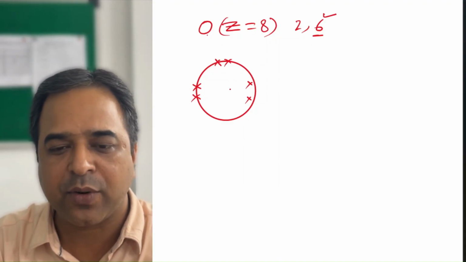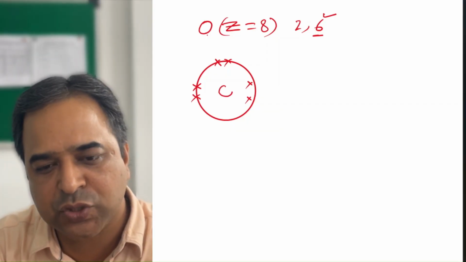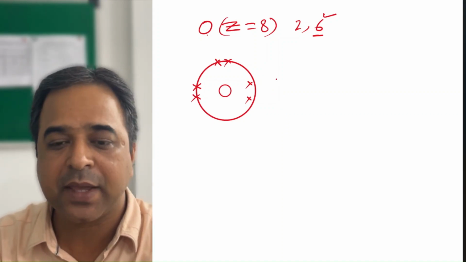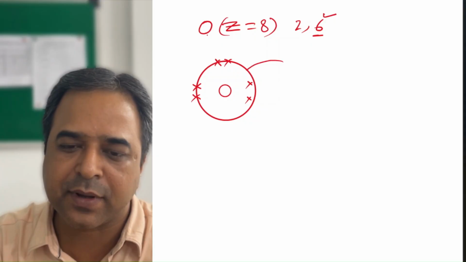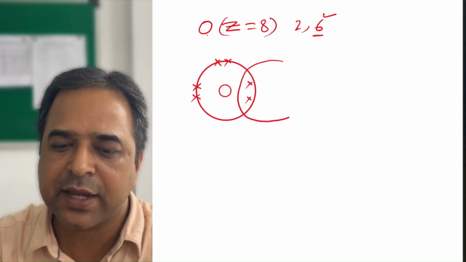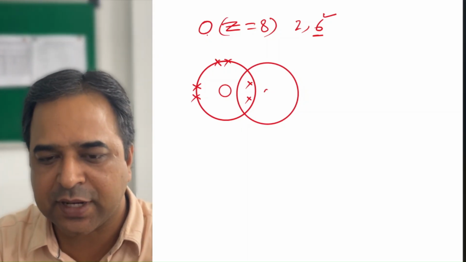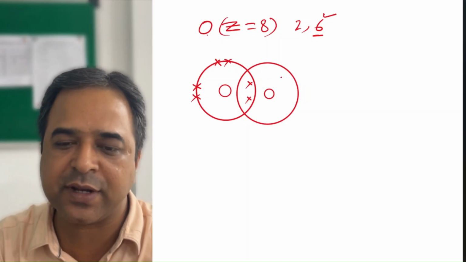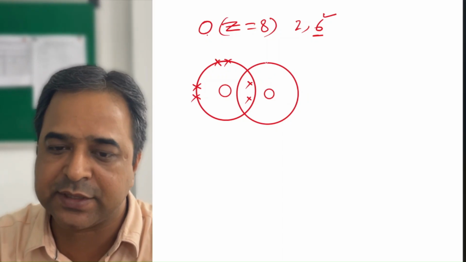Now I can show its symbol, oxygen, here. Now another oxygen may come and share its 2 electrons with this one. This is another oxygen atom, which will also have how many electrons? It will also have 6 electrons in its outermost shell.